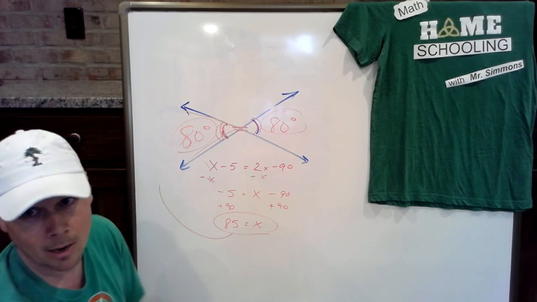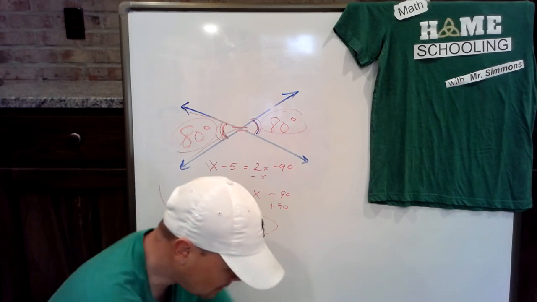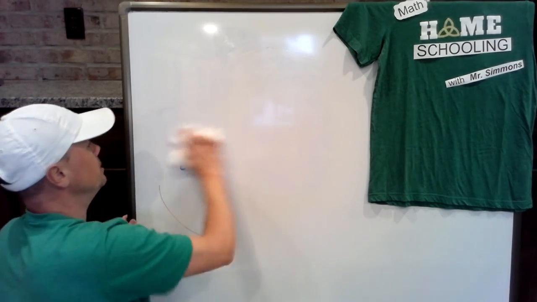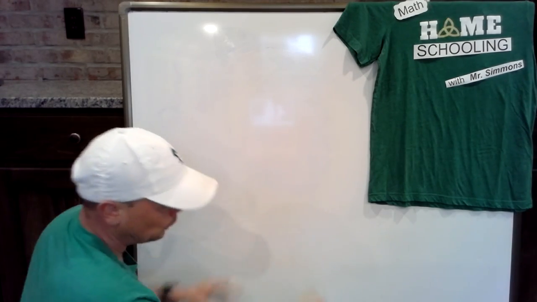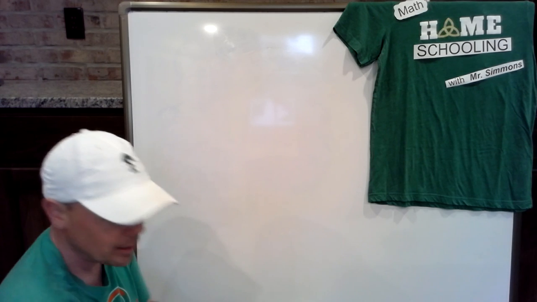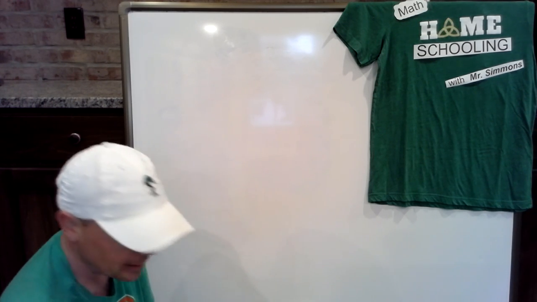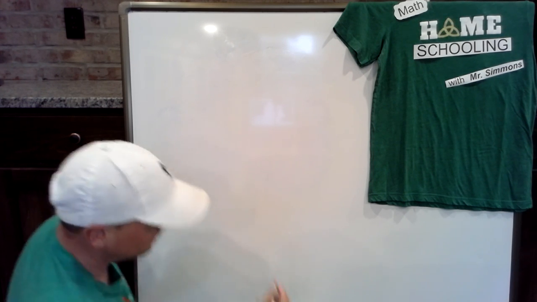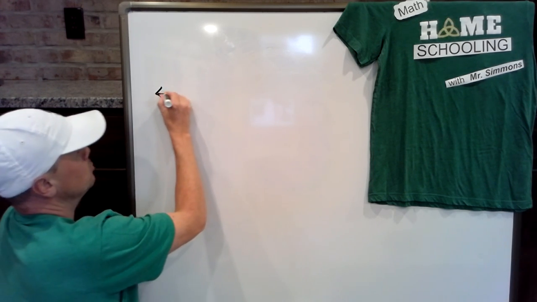All right, last but not least is a little bit more complex, but not super challenging. And these are the things you need to be able to do. Look for the relationship of the angle, and then solve for the x value, and then plug them back in to get to those angle measurements. All right, so let's say that we've got one that looks like this.